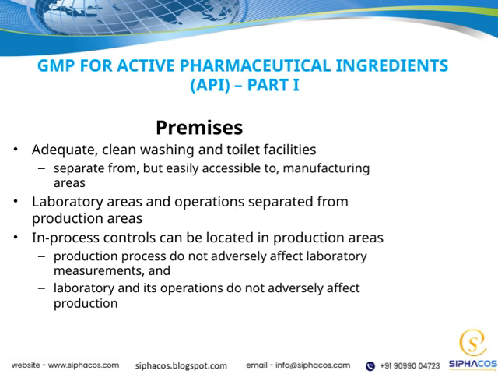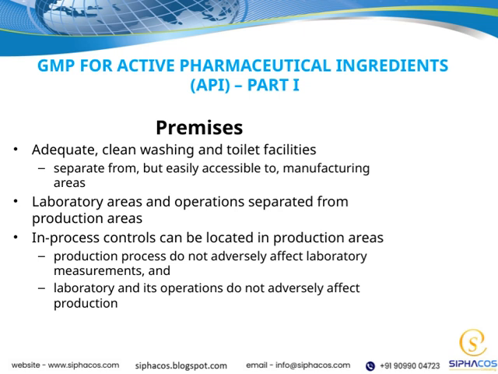Additionally, in-process controls, which are vital for monitoring quality during production, can be conveniently located within the production areas themselves. It's also important to ensure that the production process does not adversely affect laboratory measurements. This means controlling environmental factors and processes so that lab results remain accurate.